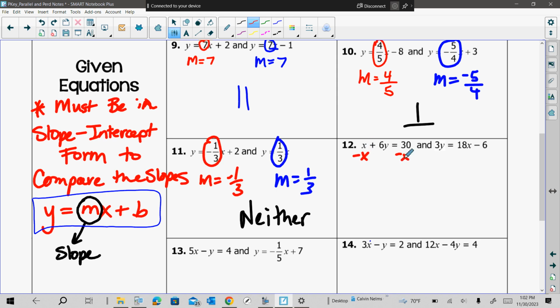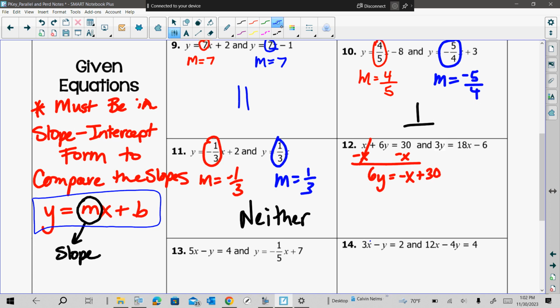So you've got to show the work on your paper. Thank you. So the x now cancels, rewrite everything. Negative x plus 30.